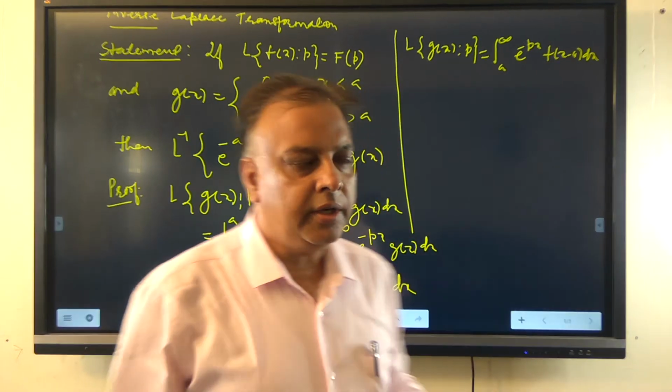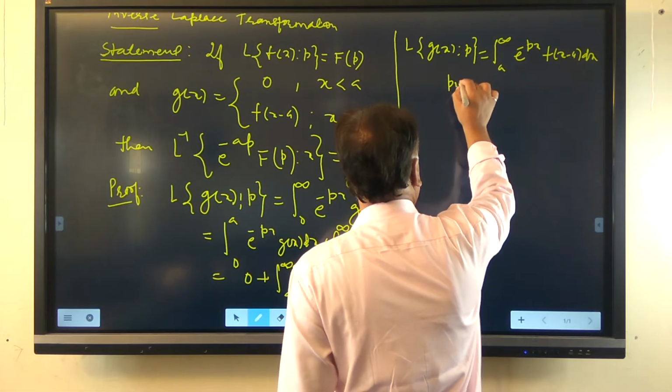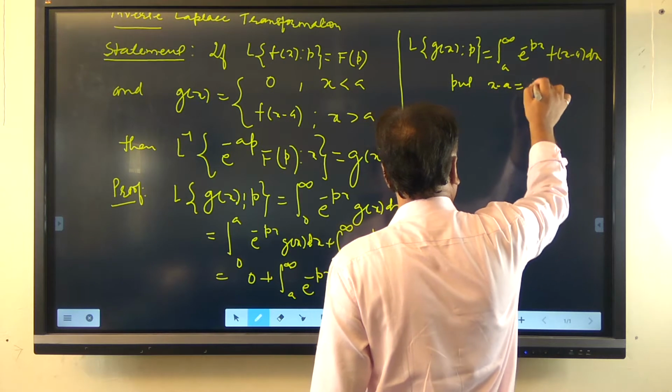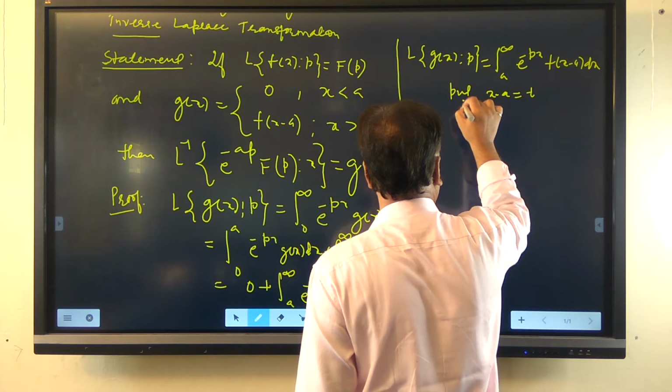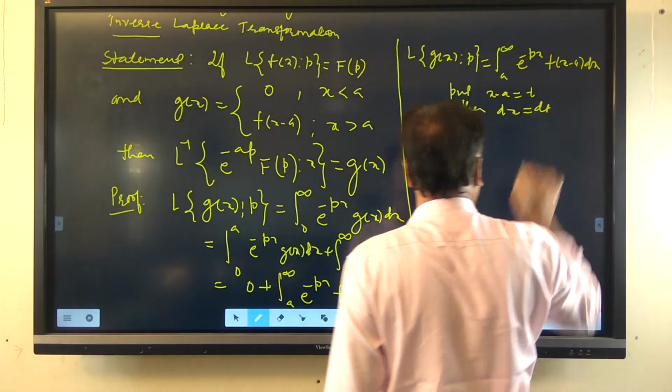To calculate the integral on the right hand side, if we put x minus a equals t, then dx equals dt.